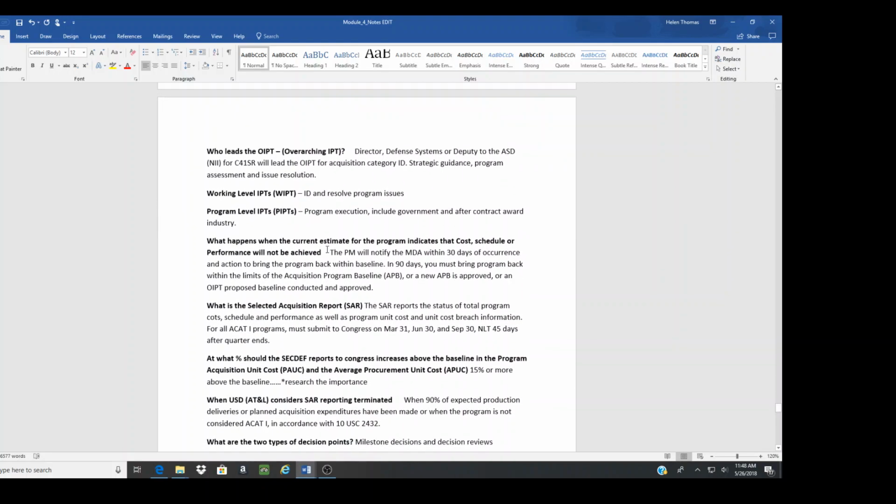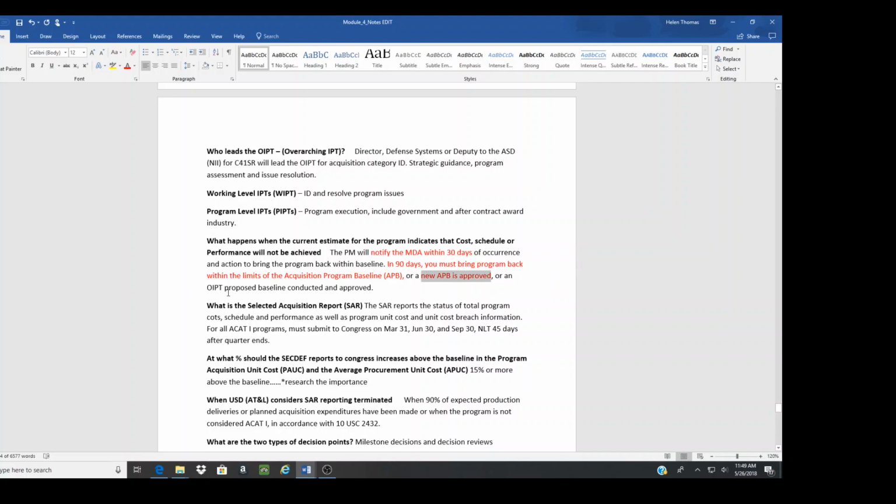What happens when the current estimate for the program indicates that cost, schedule, or performance will not be achieved? I'm going to highlight this because you've got some days. The program manager will notify the MDA within 30 days of occurrence, with actions to bring the program back within the baseline. We're off course. In 90 days, you must bring the program back into the acquisition program baseline, or a new program baseline must be approved.